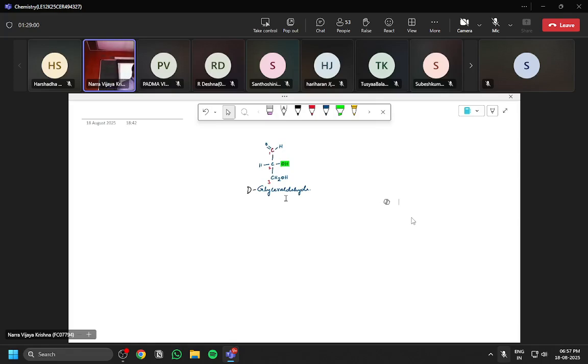Now I am placing one more carbon in between. Same thing I am taking. Aldehyde. Hereafter, I will directly write CHO here, aldehyde. I introduced one more carbon in between, right? Here I kept this OH group as it is. So now tell me whether it is D or L. D only, because this is first, second, third, fourth.